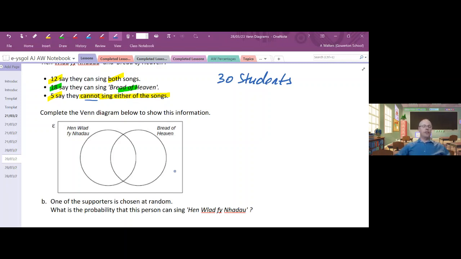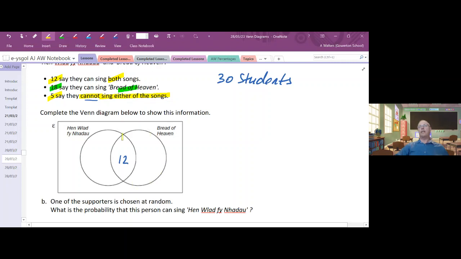Okay, if you're ready to resume, I'll try and answer the question for you. So we start off with 12 say they can sing both songs, so I would put 12 in the centre, and that'll probably get you a mark. 18 say they can sing Bread of Heaven. Now, Bread of Heaven is everyone inside this circle there.